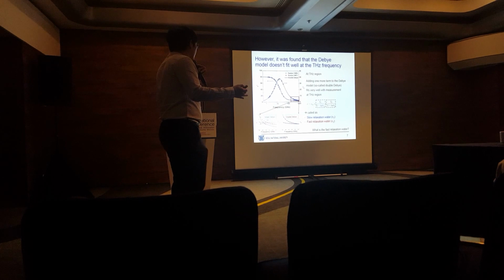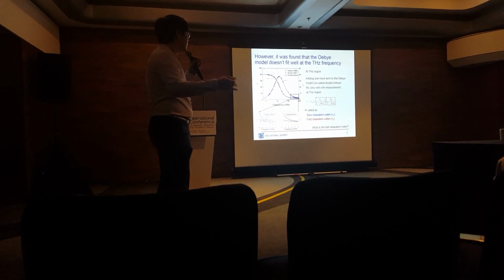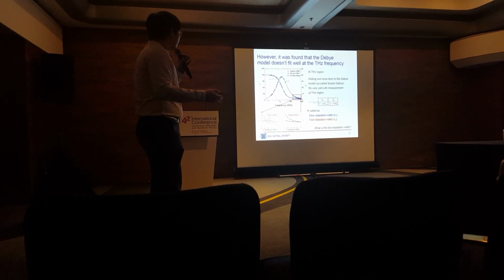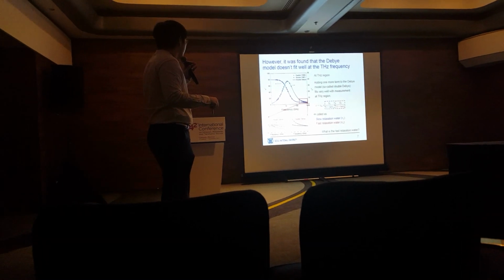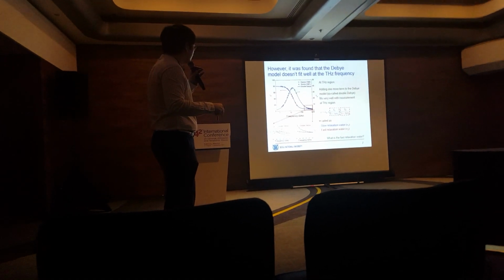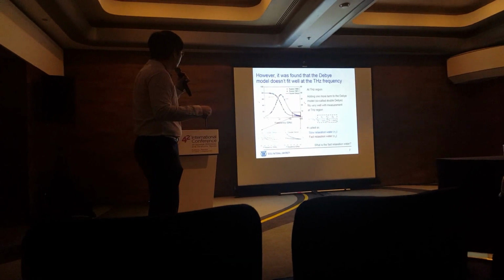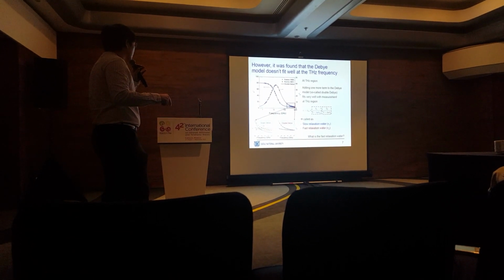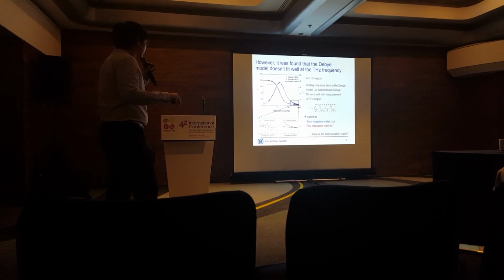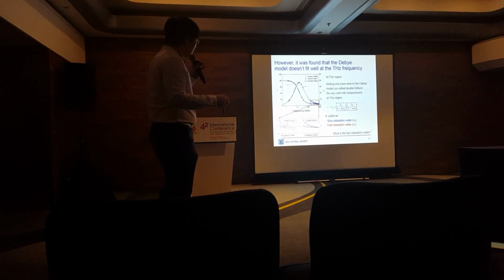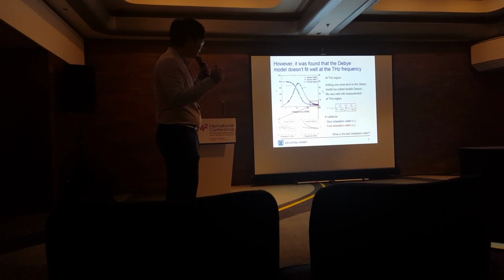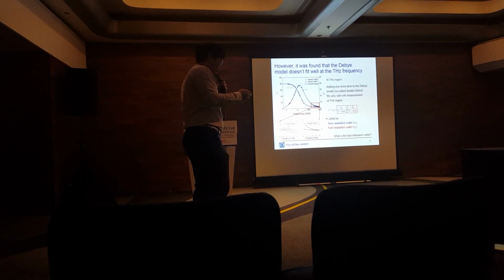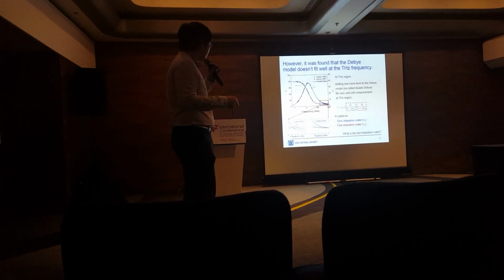Therefore, adding one more term to the Debye model, the so-called double Debye model, fits very well with measurements in the terahertz region. The double Debye model looks like this, and people call this the slow relaxation water in the gigahertz region and the fast relaxation water in the terahertz region. This small tiny feature in the terahertz region attracts many researchers' interest.